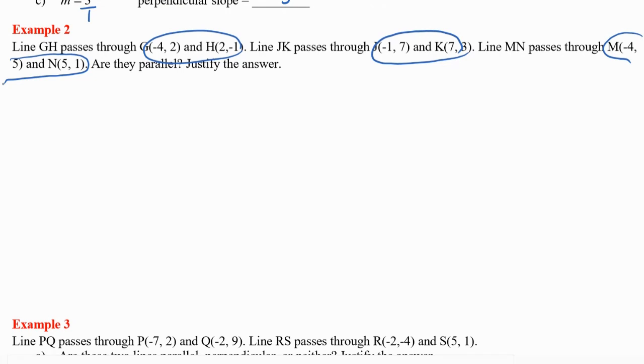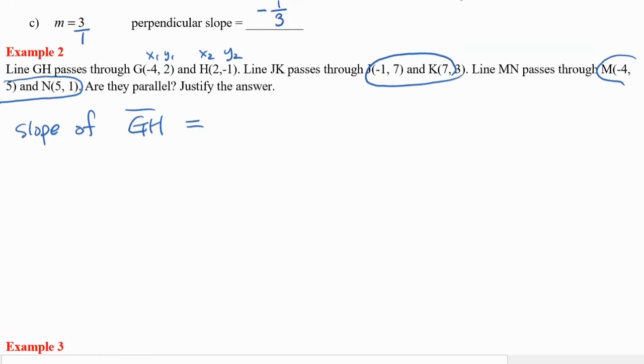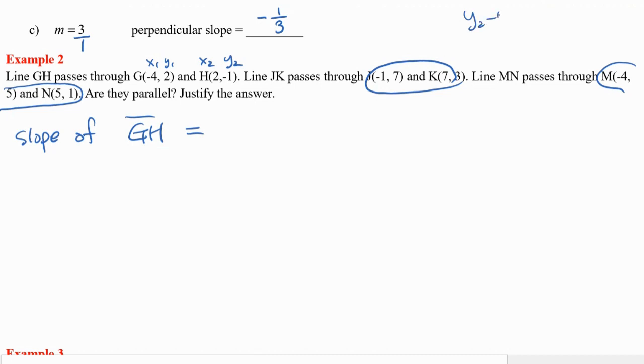So to do that, we have to find the slope first. So remember the slope formula? Using the slope formula, we're going to find the slope. So slope of GH. So this is x1, y1, x2, y2. And the slope formula, I'm just going to write it down for you: y2 minus y1 over x2 minus x1.